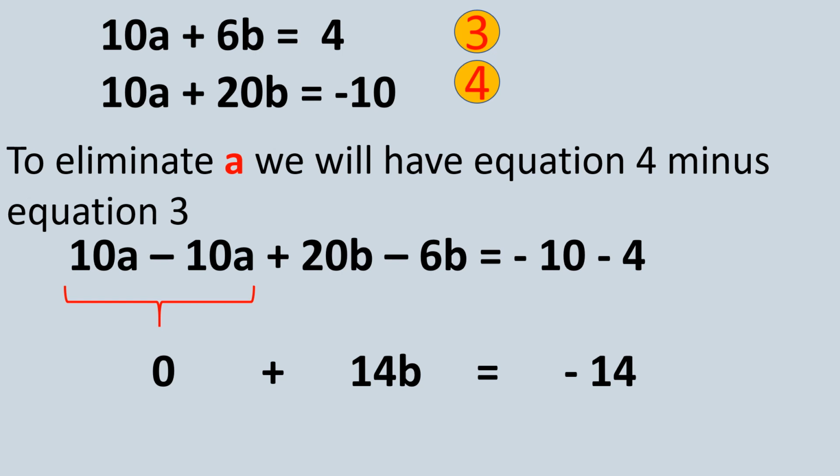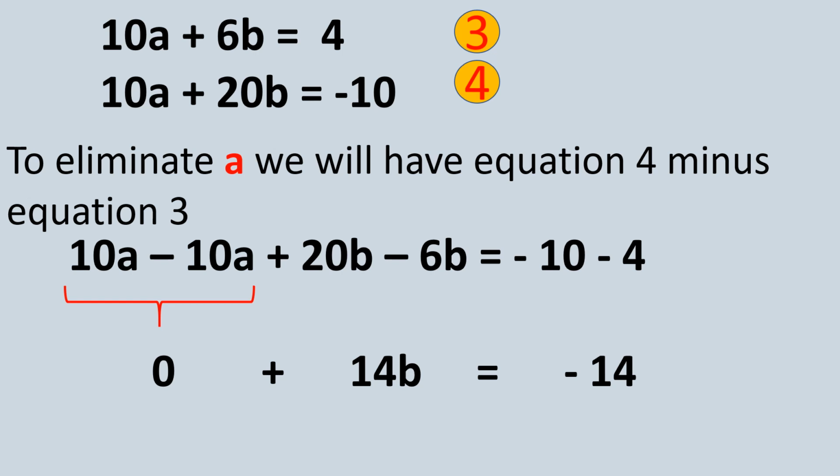So that is where the elimination method comes in: converting the initial equations in such a way that a certain variable can be eliminated, thereby paving the way for another variable to be solved.